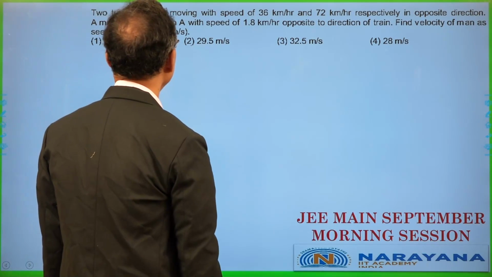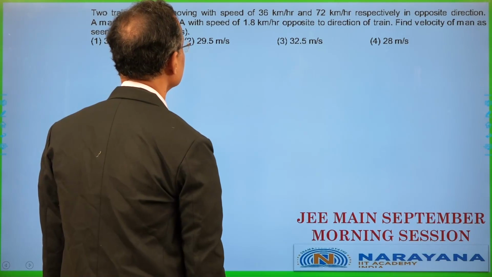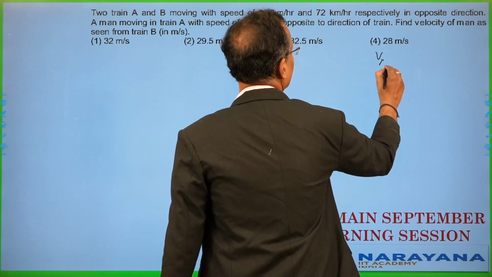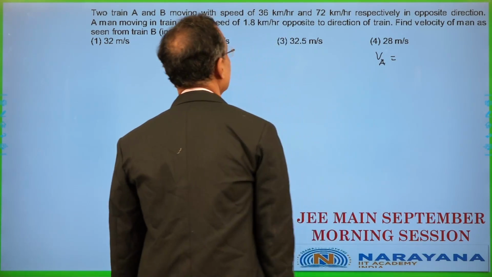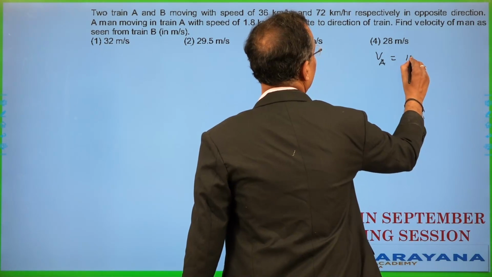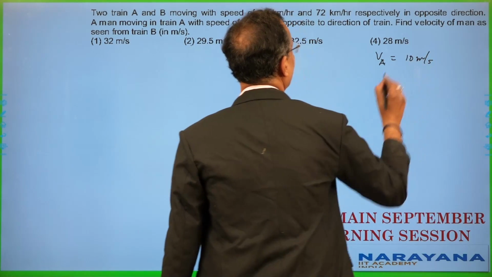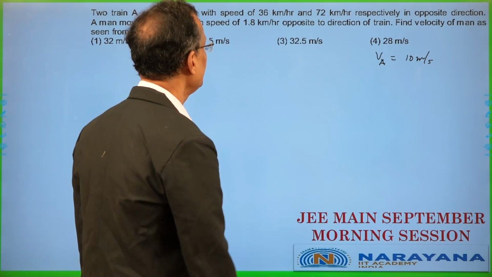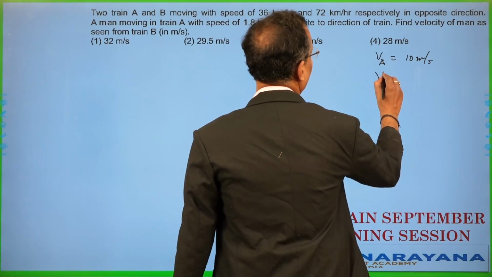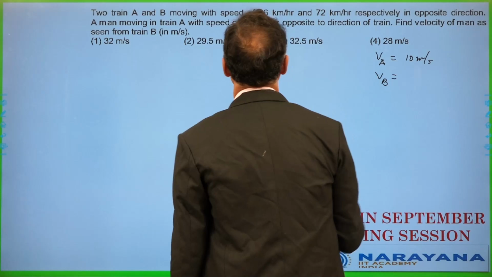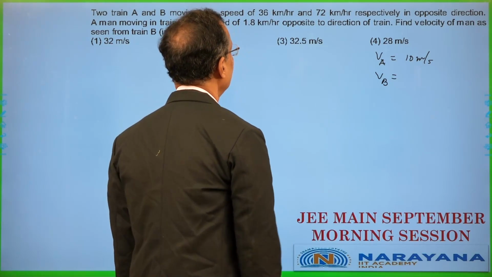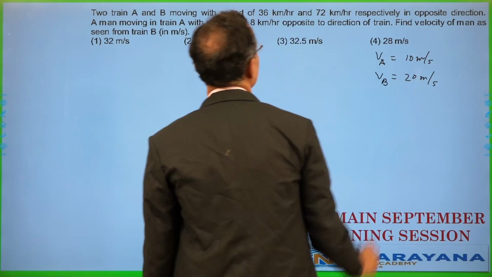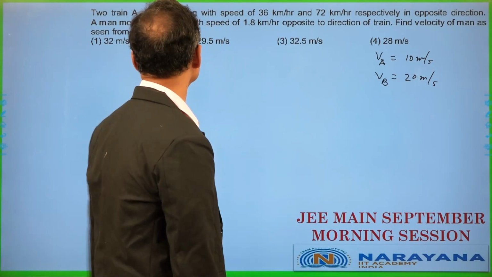Two trains A and B moving with speeds. First, VA is equal to 36, meaning 10 meter per second. And B, VB moving with 72, meaning 20 meter per second, in opposite directions.